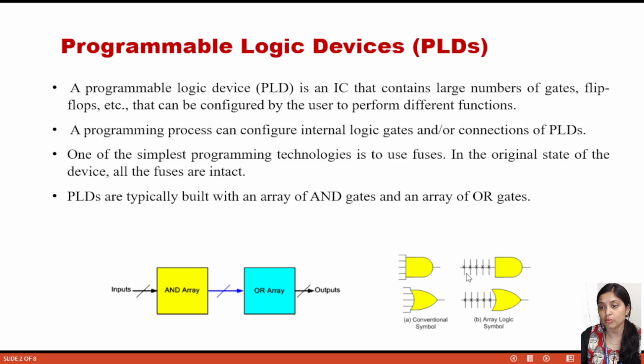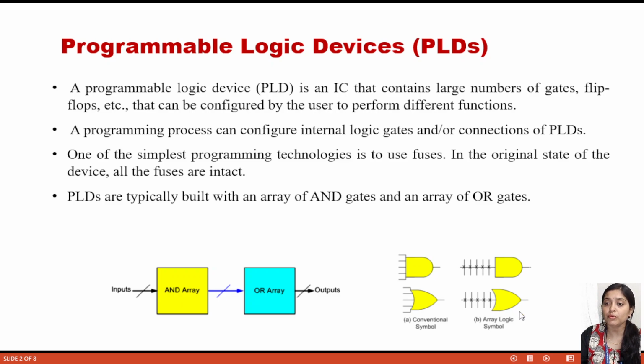This is a 5-input AND gate. Here also there are 5 inputs. Similarly, this is the symbolic representation of the OR gate. Here also there are 5 inputs, and the cross sign indicates the input.